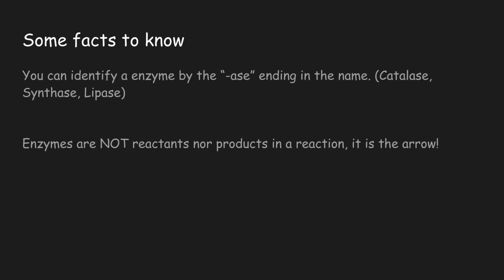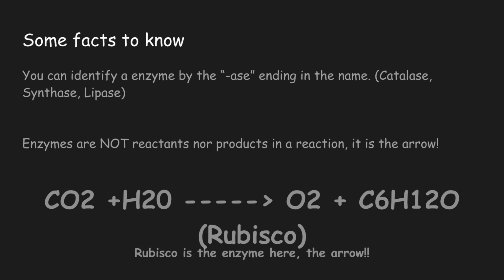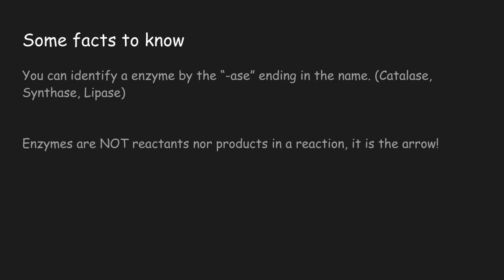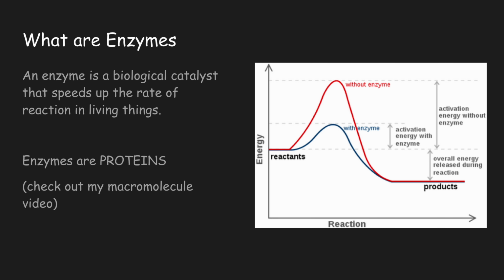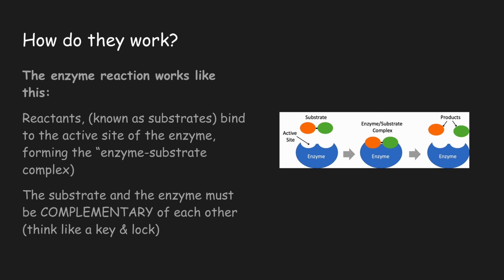This is more biology. CO2 plus H2O with an arrow, and then it says O2 and glucose. Think about that arrow being a catalyst, and you're going to see the enzyme be the catalyst. Hence why back here we said it's a biological catalyst. We find this in nature, or we find it in living things, I should say.